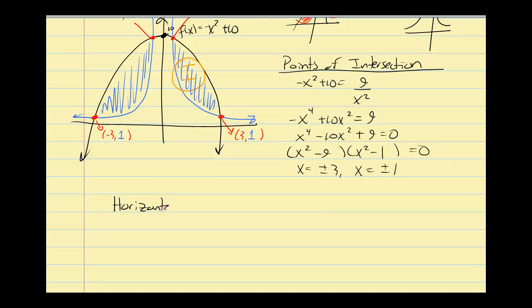So for horizontal rectangles, I just want to set up one integral, the one in the first quadrant, and then double my answer because I have symmetric graphs on either side of the y-axis. So I want to set up one integral, and then at the end I need to remember to double because I have symmetry.